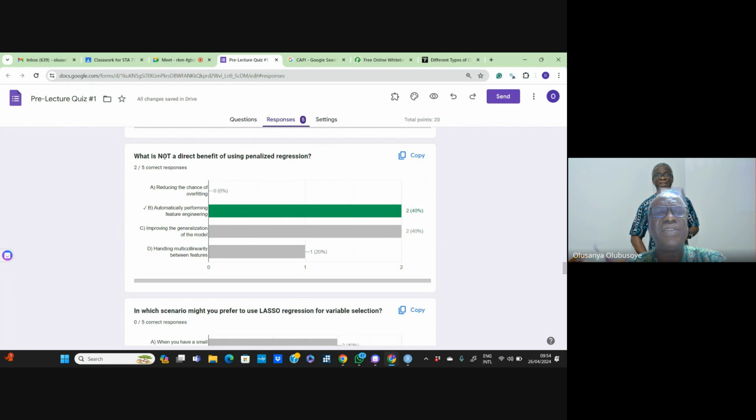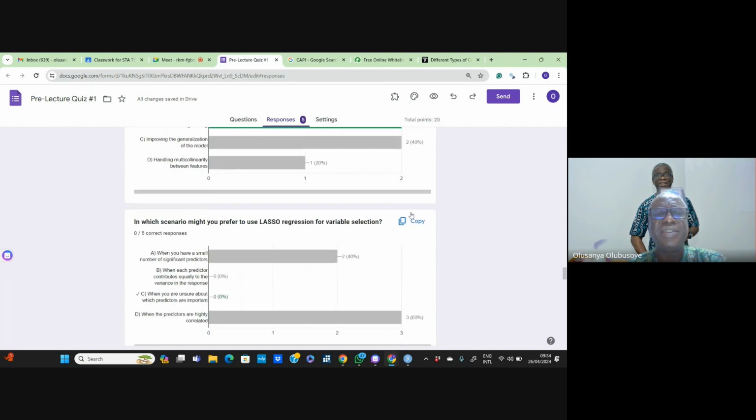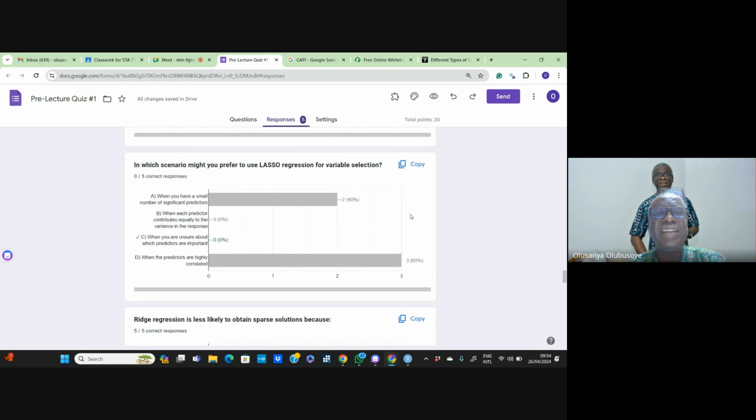And then, what is not a direct benefit of using penalized regression? The answer is that it automatically performs feature engineering. Nobody got the next one correct.